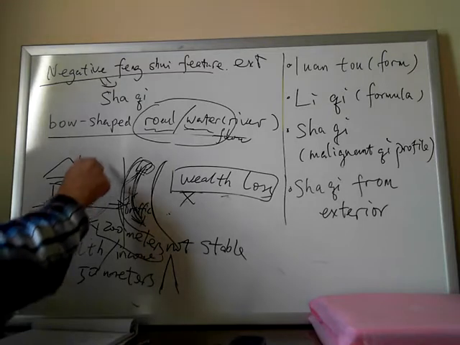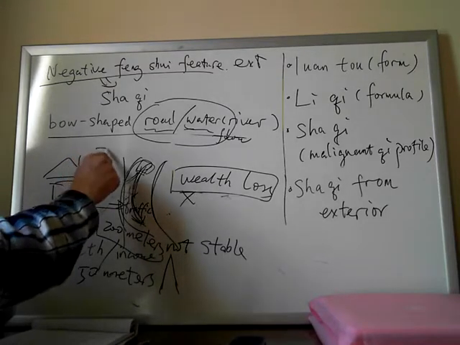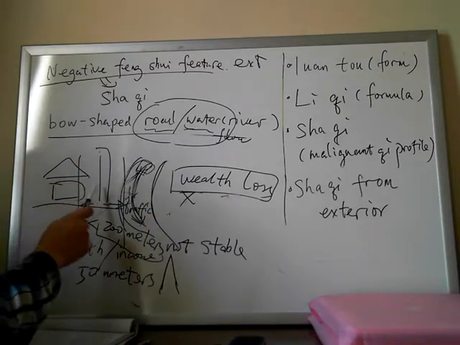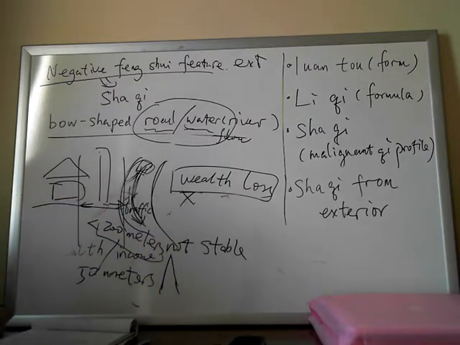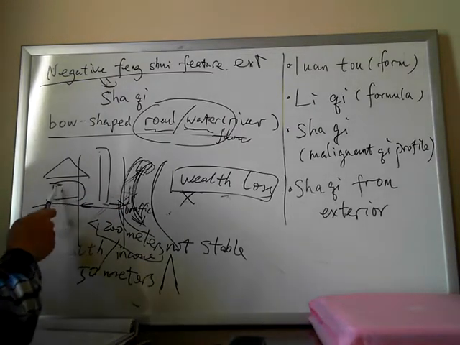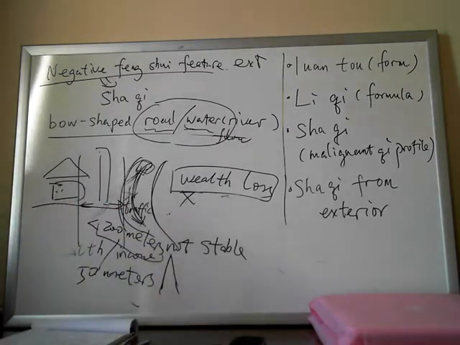And also, it matters if there's nothing blocking it. Let's say there are many houses between you and the bowl-shaped road. Then you don't need to worry about that. Those houses would be the ones to worry, because they block it for you.